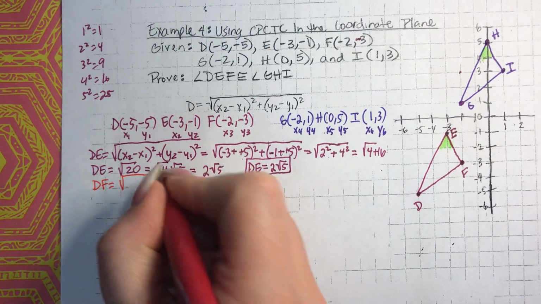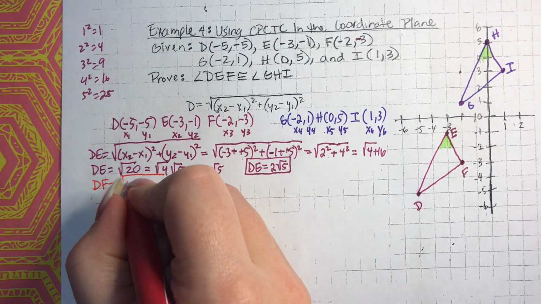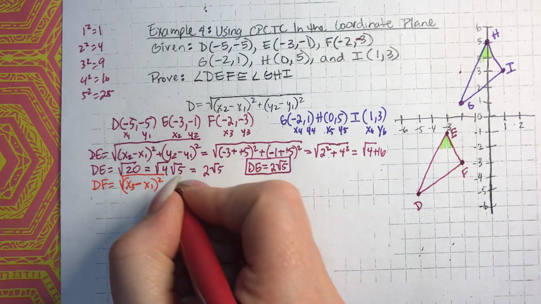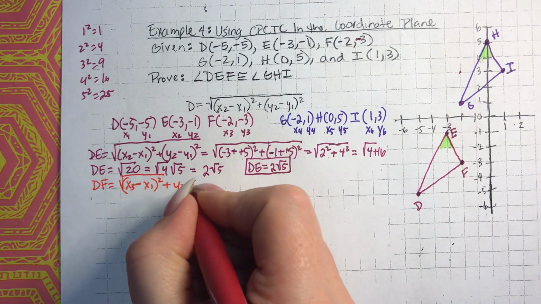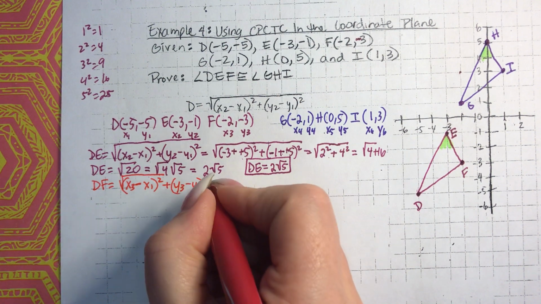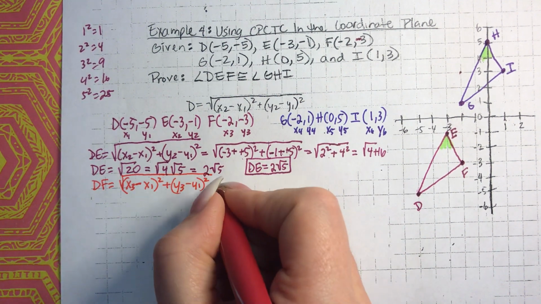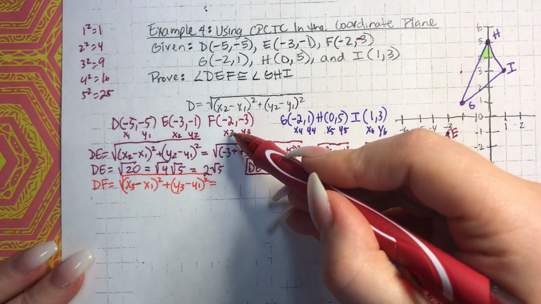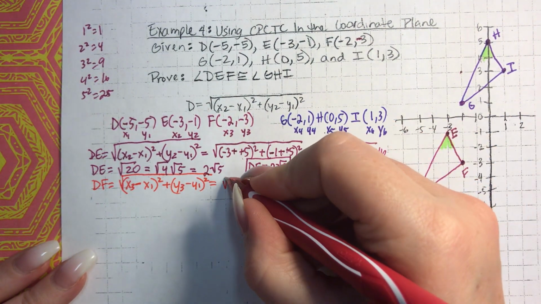Okay, so DF equals the square root of, okay, we got x1 and x3, so that's going to be x3, put a parenthesis, minus x1 squared plus y3 minus y1 squared. Okay. Now we're just going to substitute in.